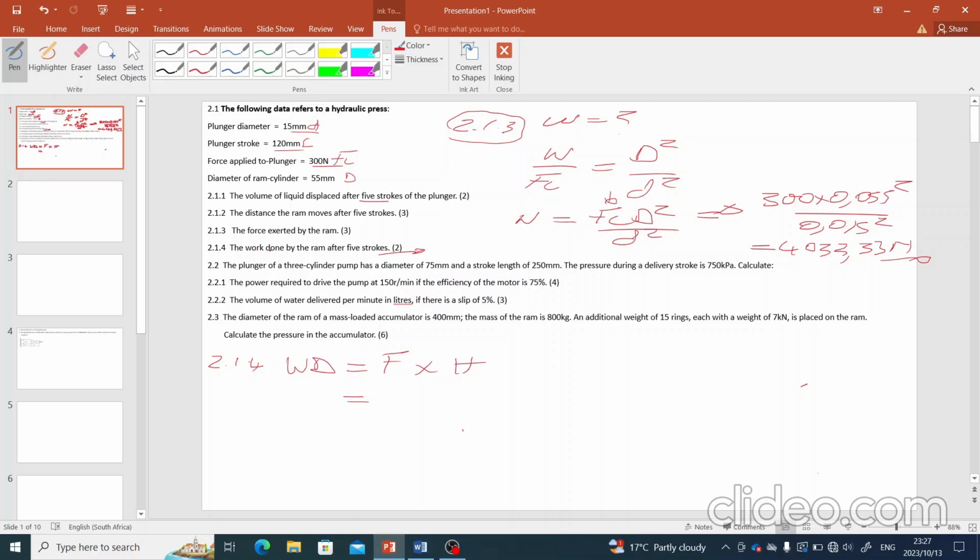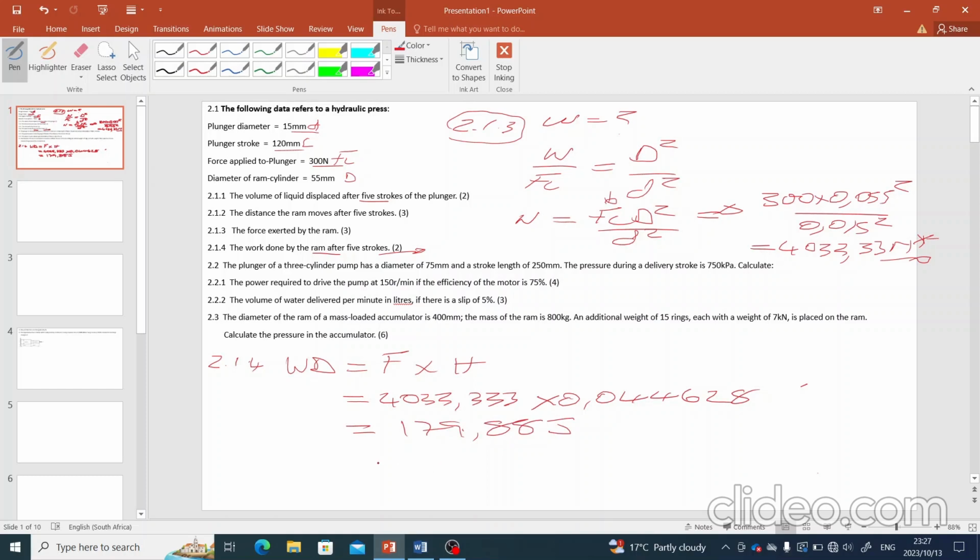The question clearly indicates the ram after 5 working strokes, so it will be the force that we have calculated, 0.4033.333, multiplied by the h that we have calculated, which is 0.044628.